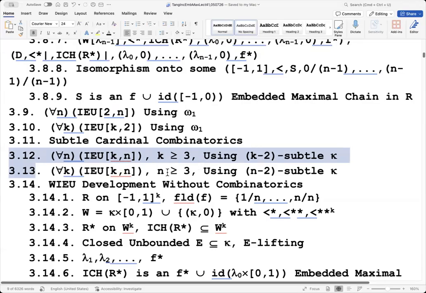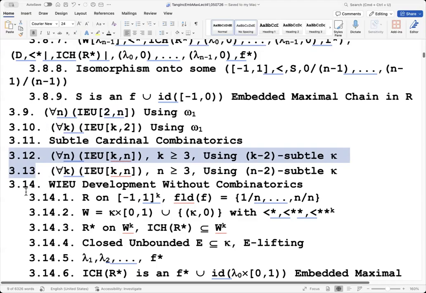And we have k and n bigger than or equal to 3 here because we already handled 2 and 1. 1 is trivial, if you remember. We already handled 2. So that's why I say k greater than or equal to 3. And you want 1 subtle if k is 3, right? Okay, so that's how all that stuff is done with the IEU.